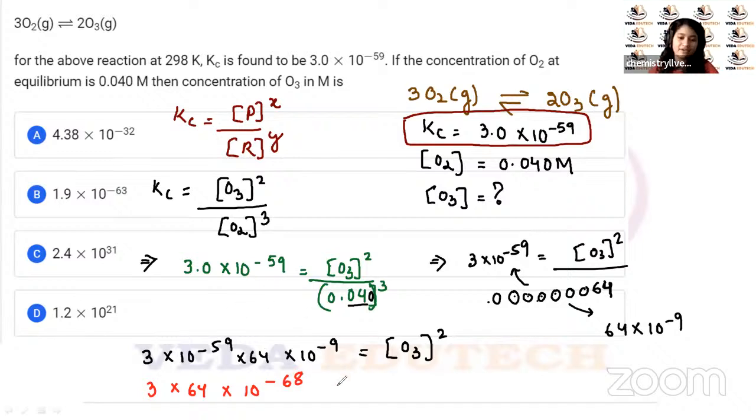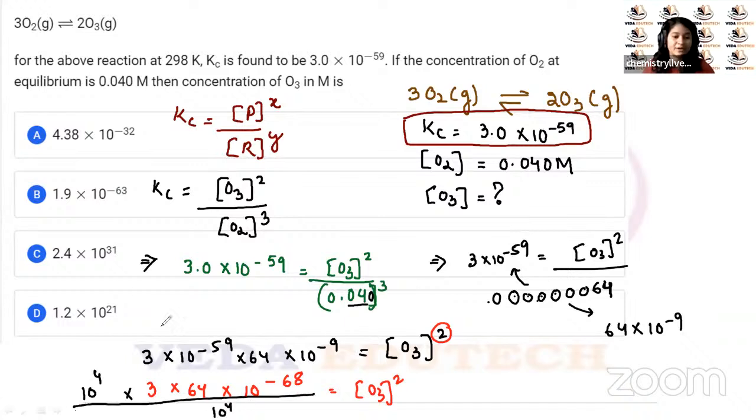Now children, if we want to find only O3, I have to take the square root. But this is 68 here, right? So if you take half of this, this is going to be O3 square. Now I'll make this 64. How am I going to make this 64? I'll multiply by 10 to the power 4, and I'll also divide by 10 to the power 4.